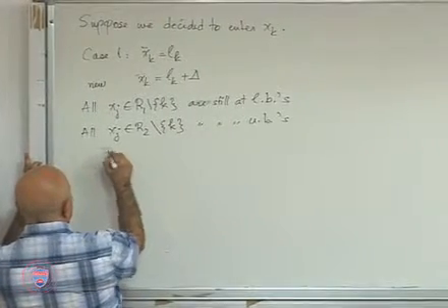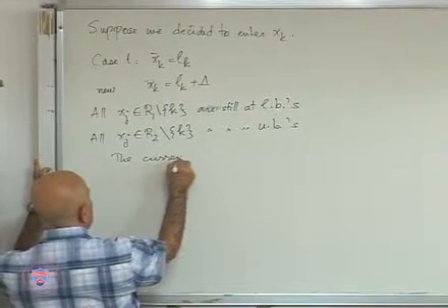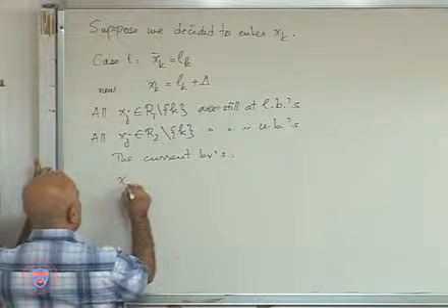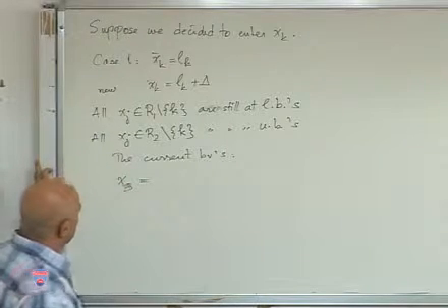The current basic variables are affected in what way?